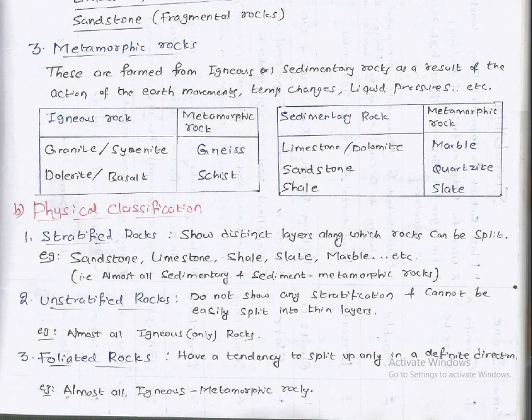Second, unstratified rocks do not show any stratification and cannot be easily split into thin layers. Example: almost all the igneous rocks. Third, foliated rocks. They have the tendency to split up only in a definite direction. Almost all metamorphic rocks are examples.